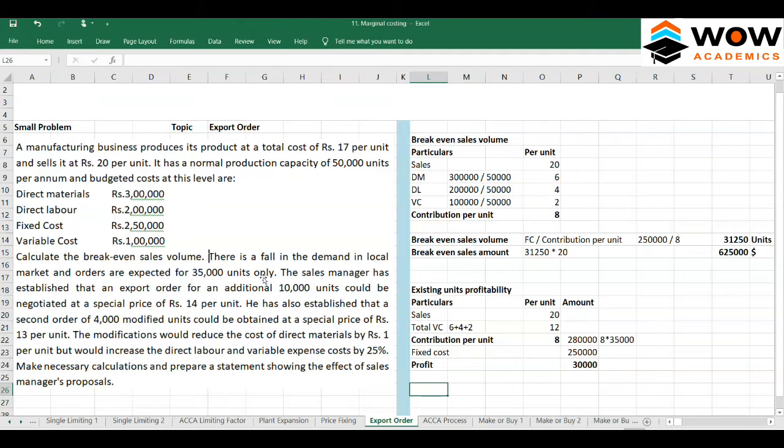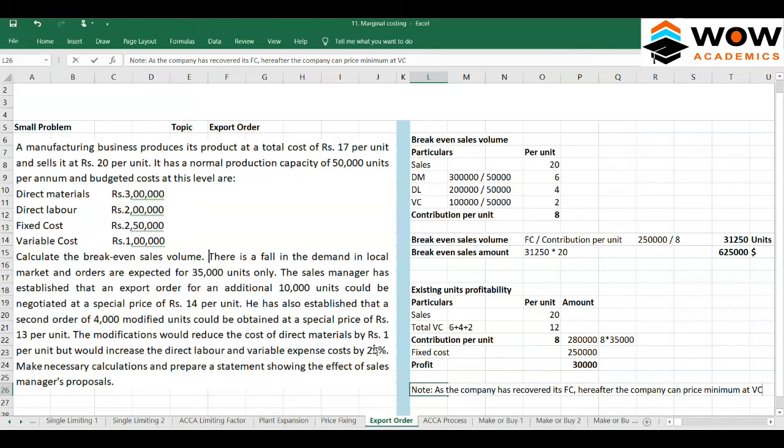So the next step is we can just write a note. Note: as the company has recovered its fixed cost, hereafter the company can price minimum at variable cost.